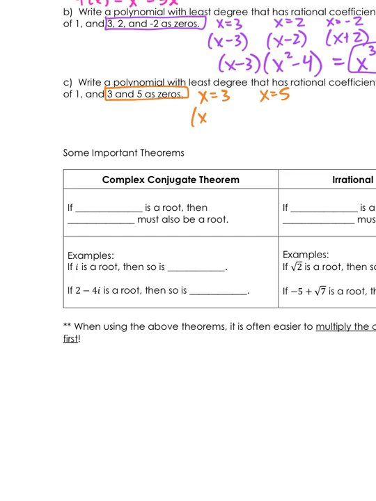X minus 3 would equal 0, and x minus 5. And then the last thing I'm going to do is multiply those together. So that's going to give me x squared minus 8x plus 15.